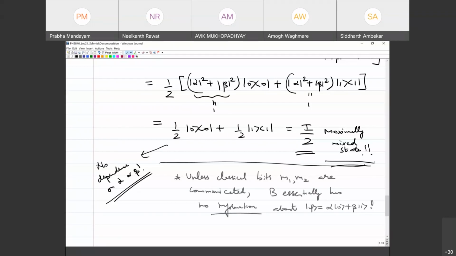So this again is to reiterate the point that there is no faster than light communication happening. There is no violation of causality happening, right?